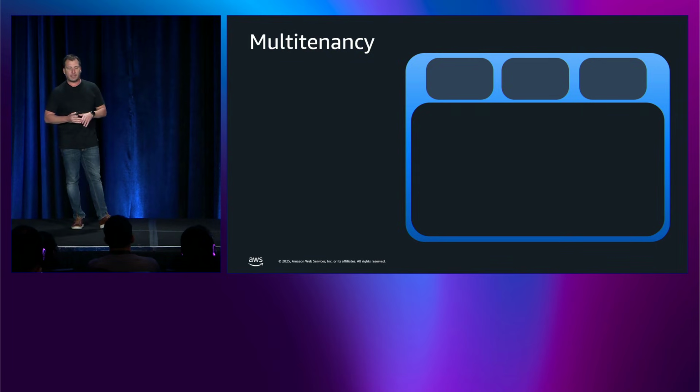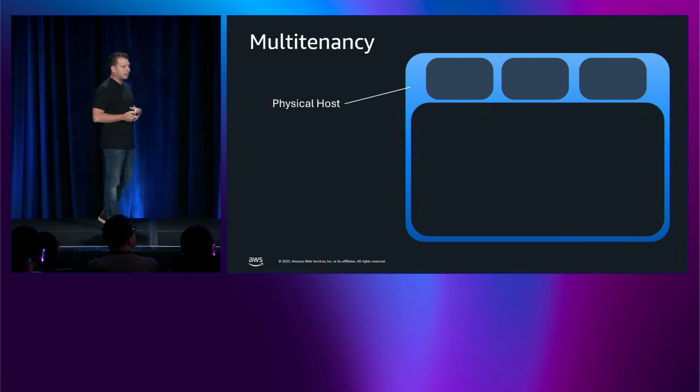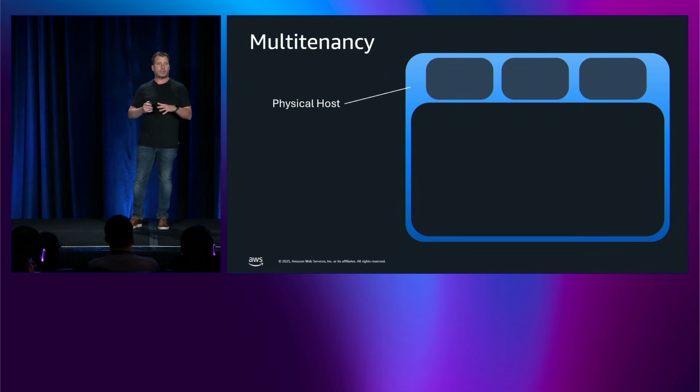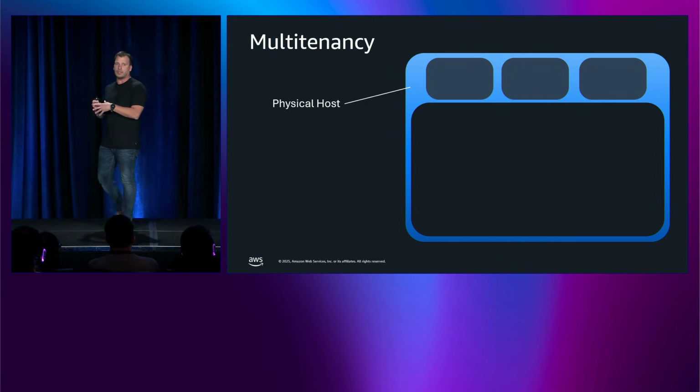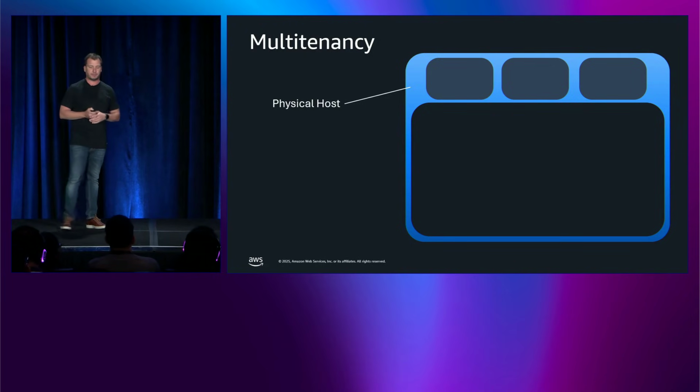Now I want to move back to the cache node itself. We are running in a multi-tenant environment, on physical hosts that we are constantly monitoring. We have a service that we call heat management, and the job of heat management is to monitor the cache nodes and all the physical hosts across our fleet.